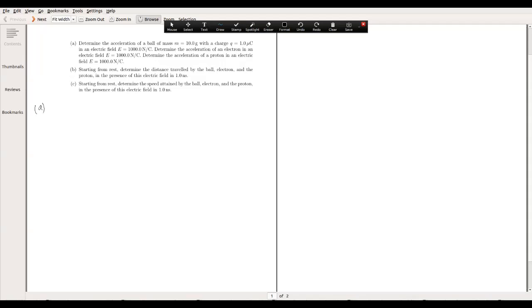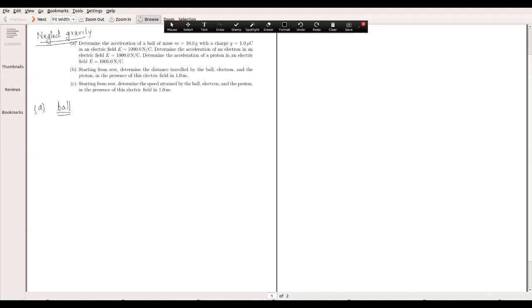So let's start with the ball, and it's not written explicitly here, so I should point out: neglect gravity. It's actually not very crucial when it comes to an electron and a proton, but for the ball scenario it is good to specifically say neglect gravity, or else you have to take care of that. So it just simplifies if you neglect that.